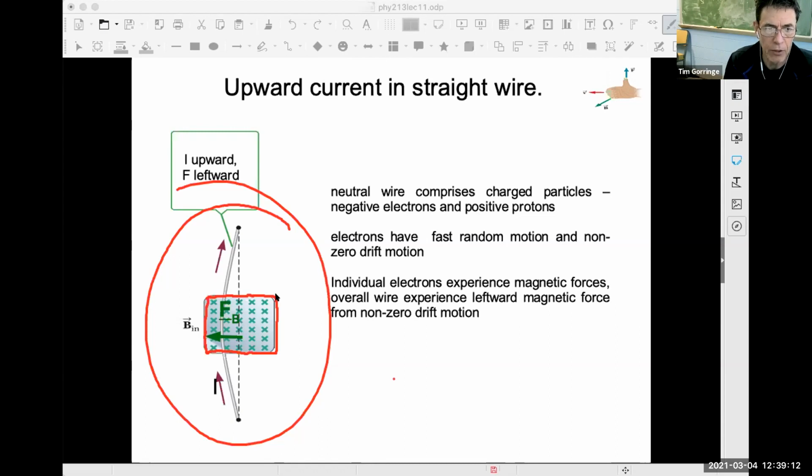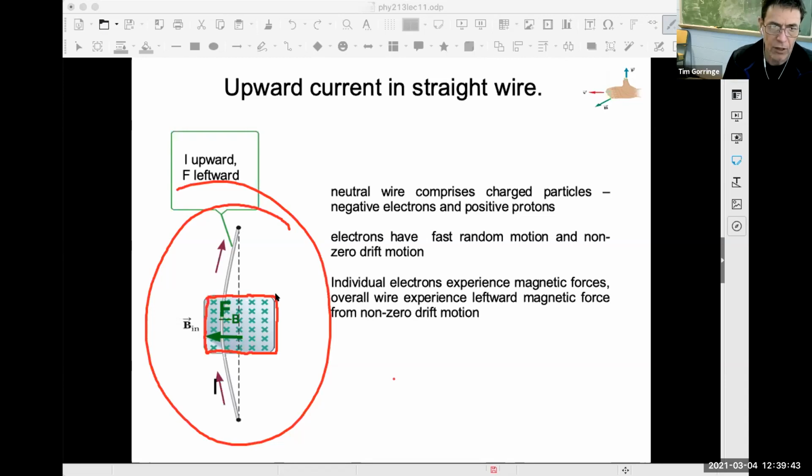Those charged building blocks are in motion. The protons slow, let's forget about that. The electrons fast, let's remember that. The electrons now have both a random motion, randomly moving around through the wire, but they now also have a drift motion through the wire. So that current through the wire corresponds to a gradual drift of the electrons through the wire.